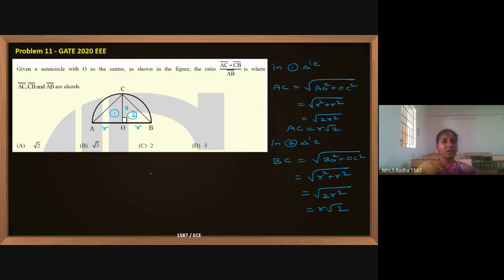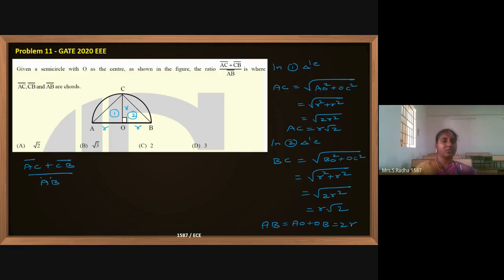Now we already know that AB is nothing but AO plus OB, which is 2 times R in the diagram. So what is asked? (AC bar plus CB bar) divided by AB bar.